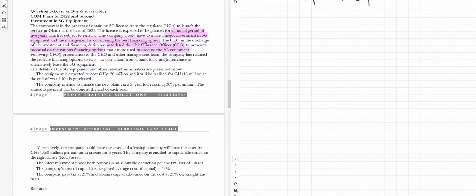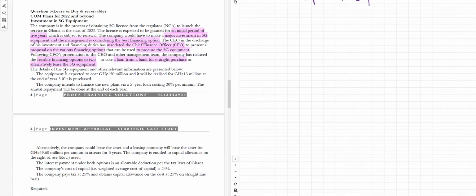Following the CFO's presentation to the CEO and other management team, the company has reduced the feasible financing options to 2: to take a loan from a bank for outright purchase, that's borrow to buy, or alternatively lease the 5G equipment. So it's between borrow to buy or leasing the equipment.